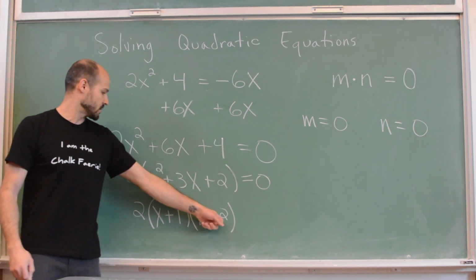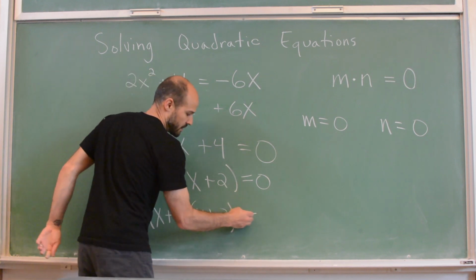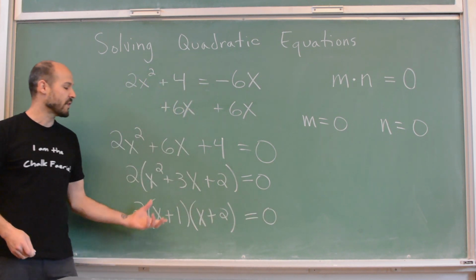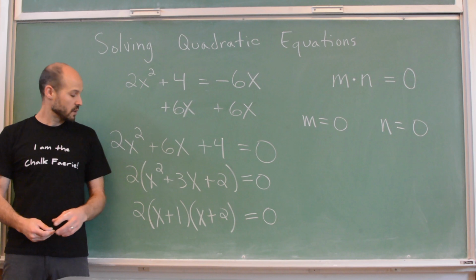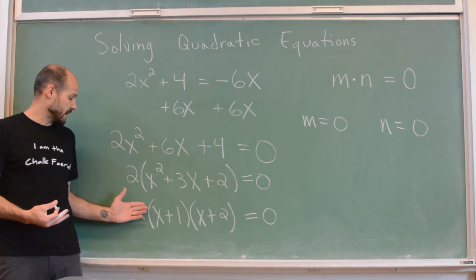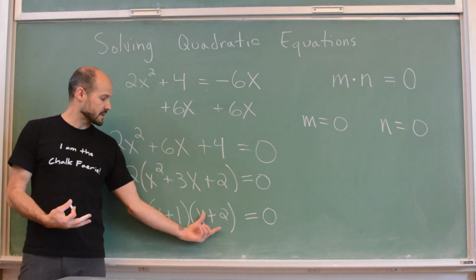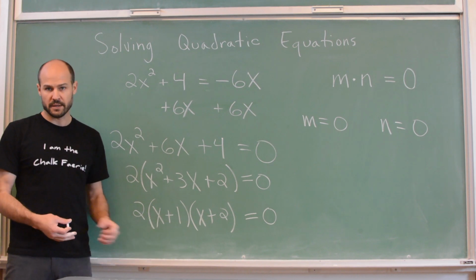Right? 1 times 2 is 2. 1 plus 2 is 3. At this point, we have two factors equal to 0. The 2 will never equal 0, so we don't have to worry about it. We can just look at the parentheses and how they're multiplied up to 0.